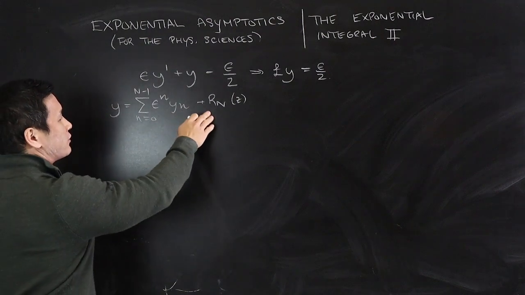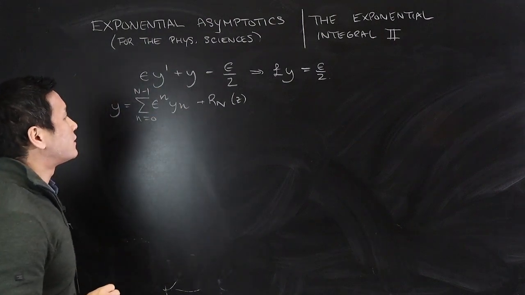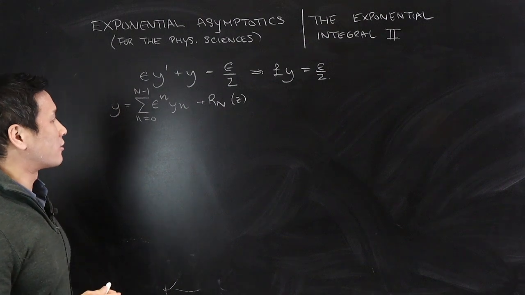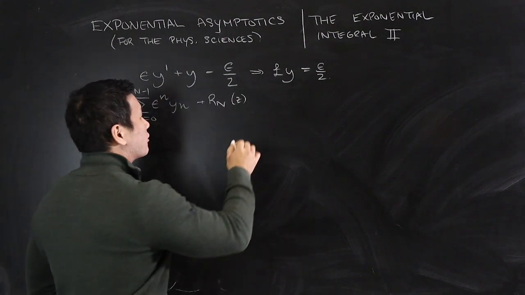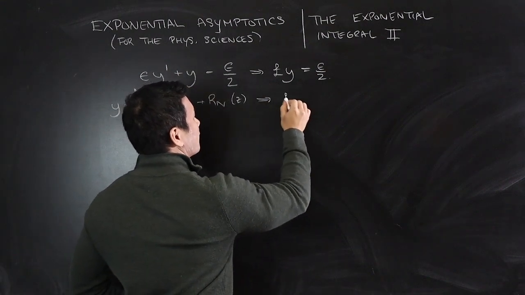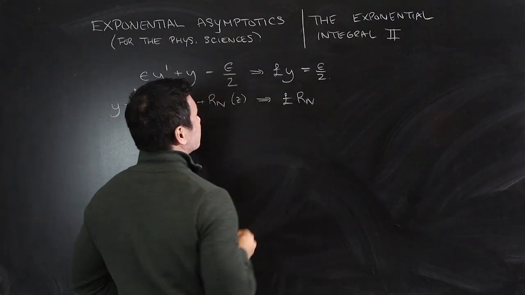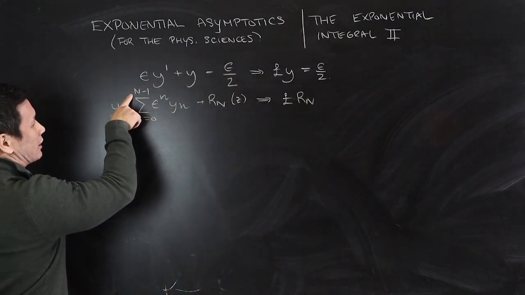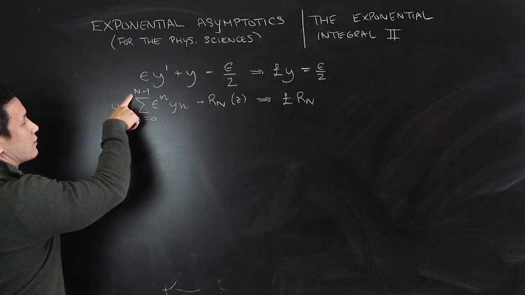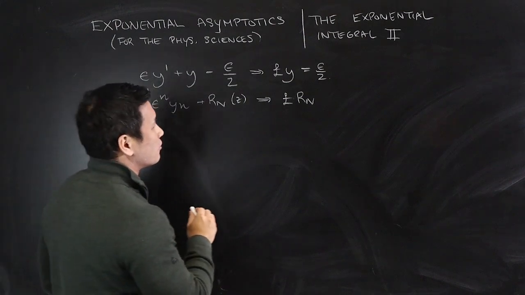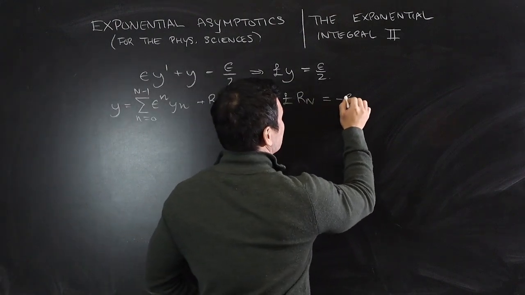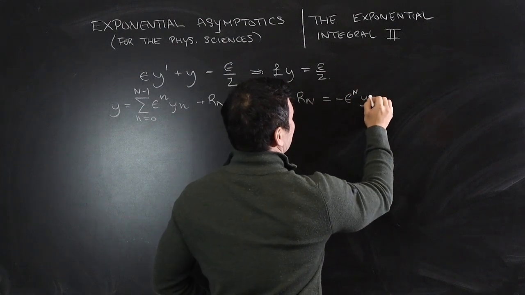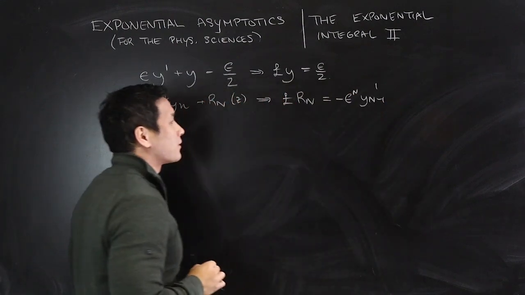And in this case, if we substitute this into the ODE, you're going to end up with the linear equation for the remainder, linear operator applied to the remainder, so that's L R_N now. But you're going to have the term which is epsilon to the N minus 1 left over because it's not being matched by anything. So this will get you minus epsilon to the N times y_{N-1} prime.